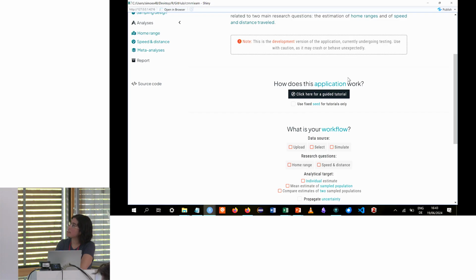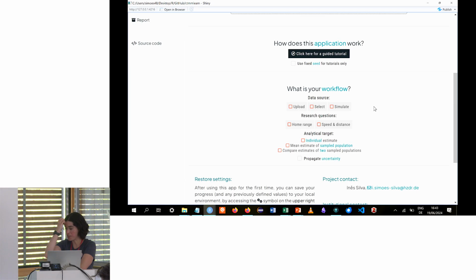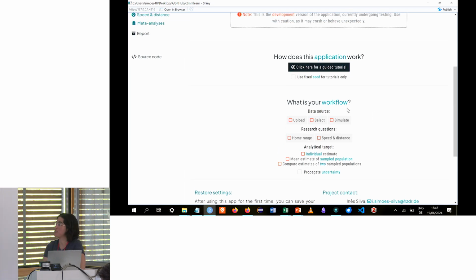Okay, so the way this works, I try to make it as straightforward as possible, though if anyone has any suggestions, I'm definitely all ears. The first thing you do is select your workflow, right? In this case, we're not going to upload our own data, but just select. The difference here is that essentially all the species that are within CTMM are available within the app.